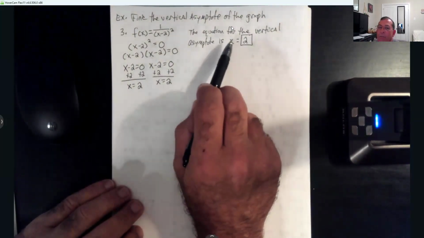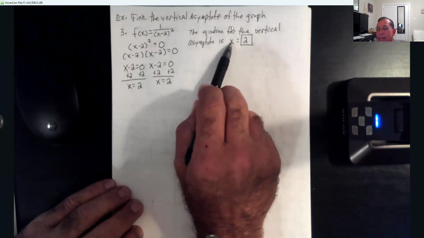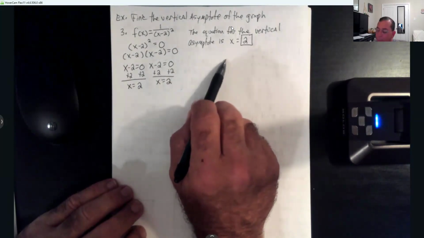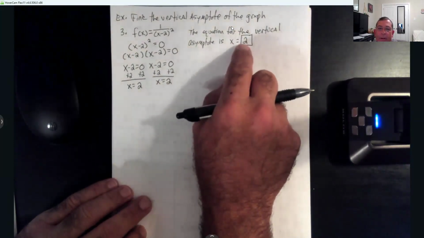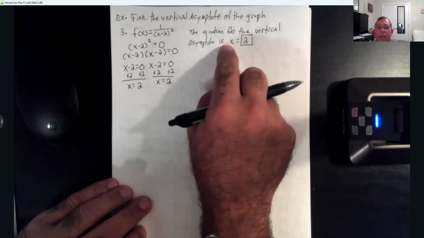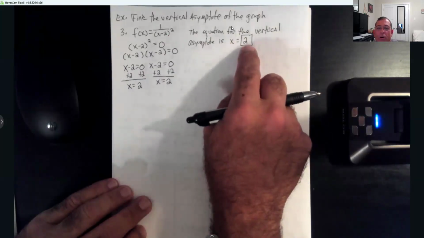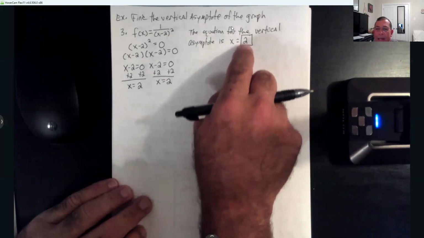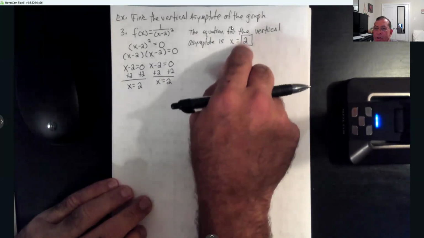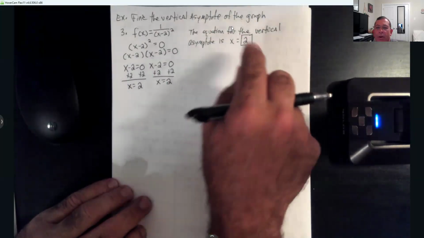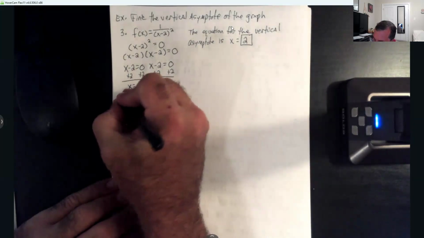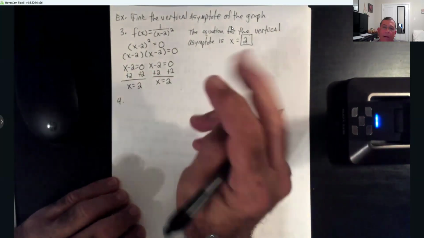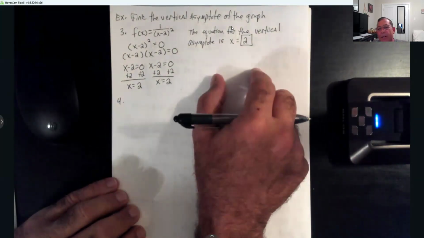You've got to watch and make sure whether they're giving you that x equals or not. If they don't give you the x equals, then you've got to put it, remember, because these have to look like an equation. So that means on this function, if you were to draw a vertical imaginary line on the x-axis at 2, this graph could not cross it. That makes sense. You can't put a point where something's undefined, right?